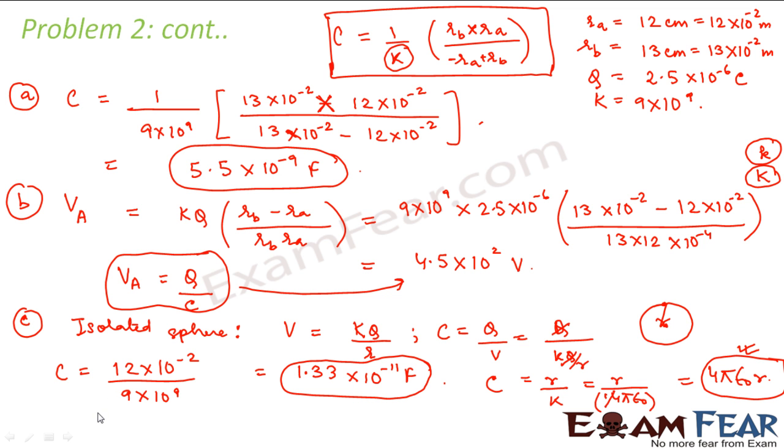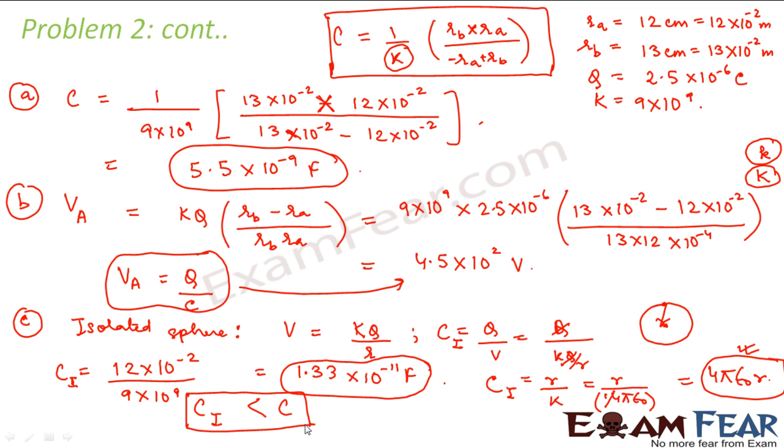Now the question asks you, why is the capacitance of isolated sphere, let us mark it as I, isolated sphere, lesser? We see that capacitance of isolated sphere is lesser than the capacitance of the spherical capacitor. Can you tell logically why is it so? That's because in case of the spherical capacitor, the outer sphere is earthed.